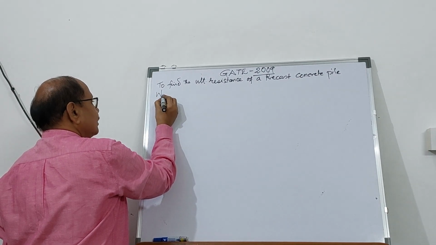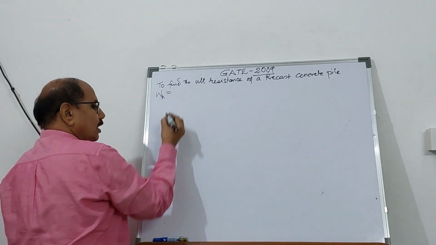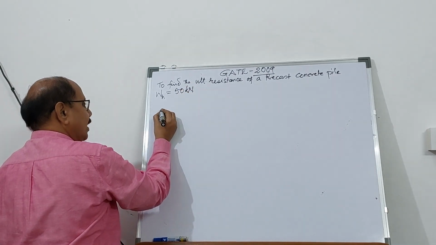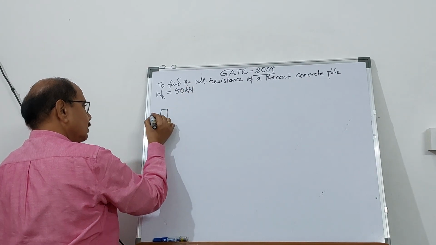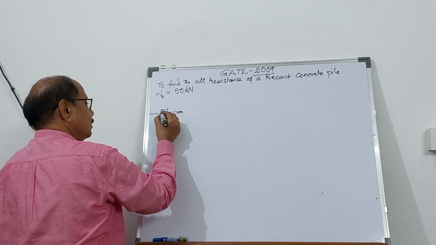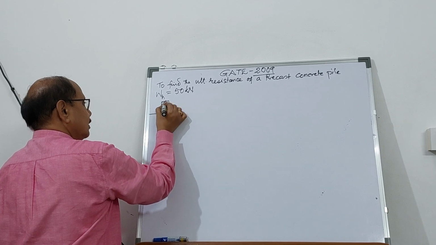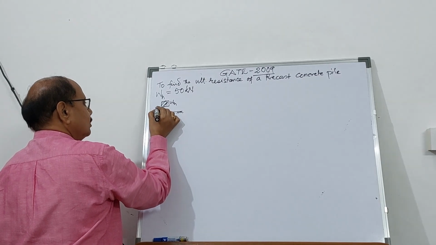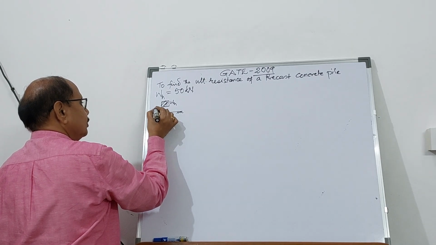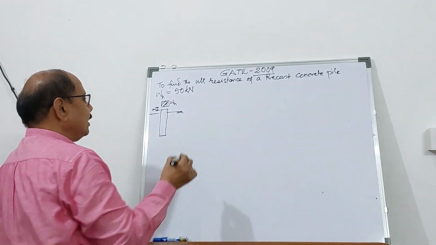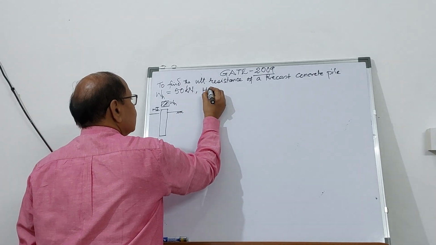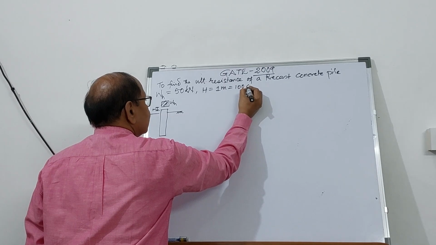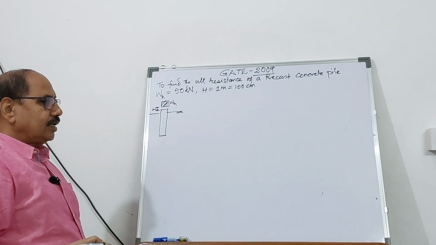The weight of the hammer is given as 50 kilonewton. So you have a pile and you have a hammer. The weight of the hammer, WH, and the height of the fall will be capital H. The height of fall of the hammer is given as 1 meter, or 100 centimeter.